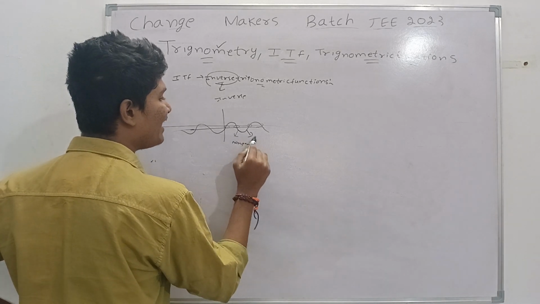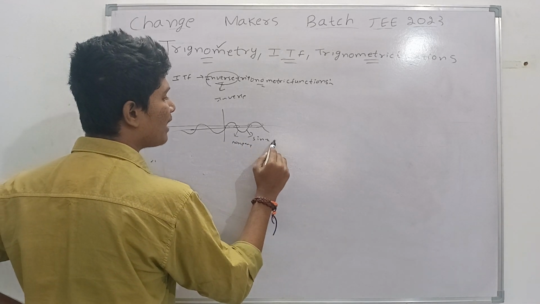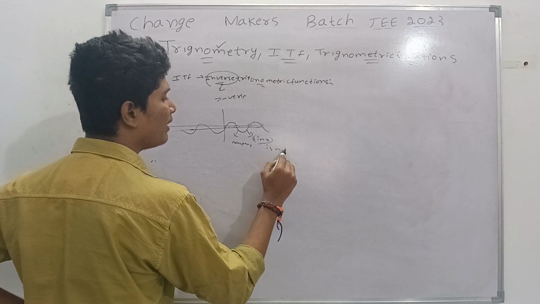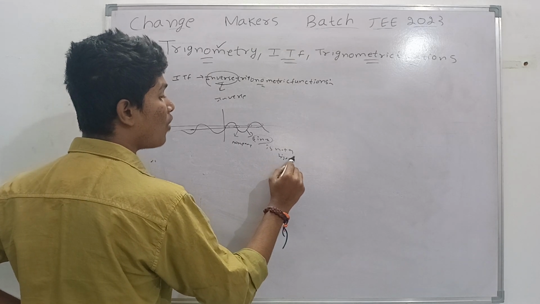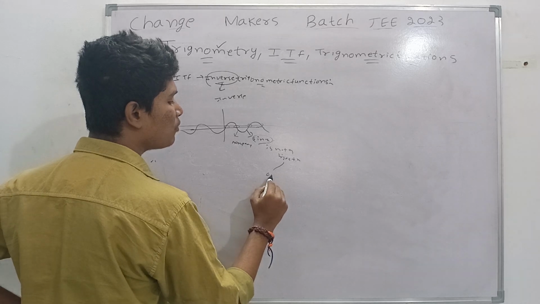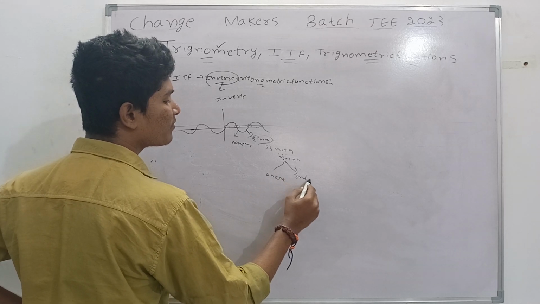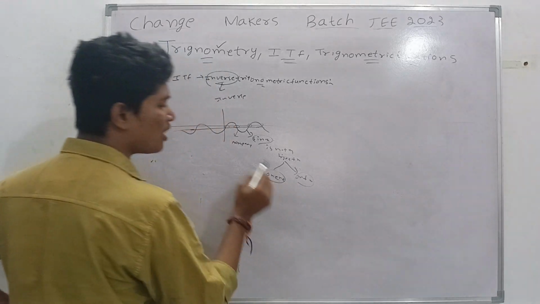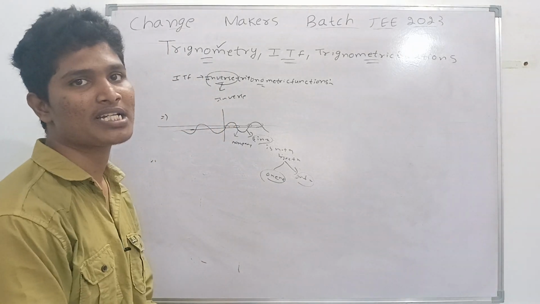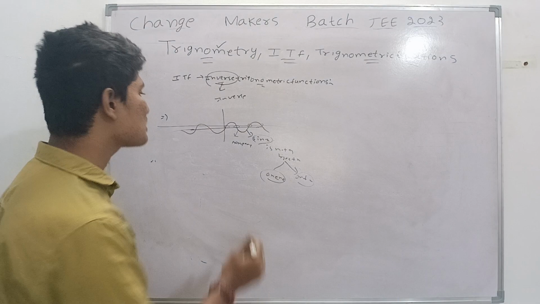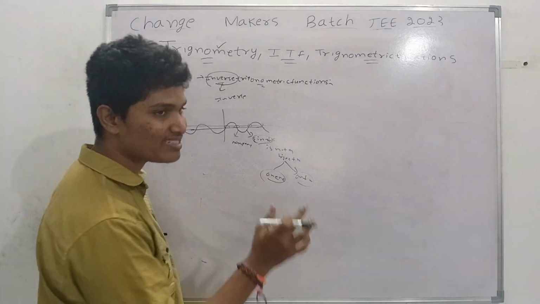So sin x is not a bijective function. What is a bijective function? Which is both 1-1 as well as onto. When a function is 1-1 and onto, it is called bijective, and for bijective functions, the inverse function will exist. So sin x is not a bijective function, so the inverse does not exist.